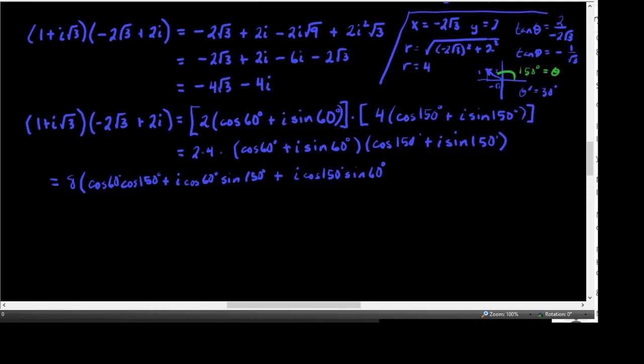Then multiplying the last, I times I is I squared sine of 60 degrees sine of 150 degrees. You may be wondering, well, why am I not simplifying that? Well, if I did, I would be going back to the rectangular form, which is not really what I want to do. I'm trying to find a shortcut. So I'll be right back, just a second.